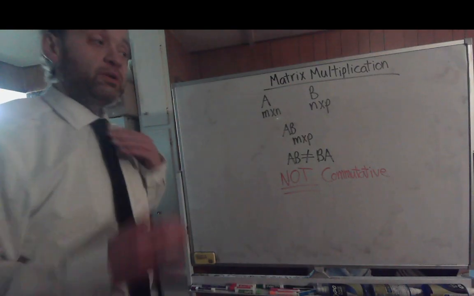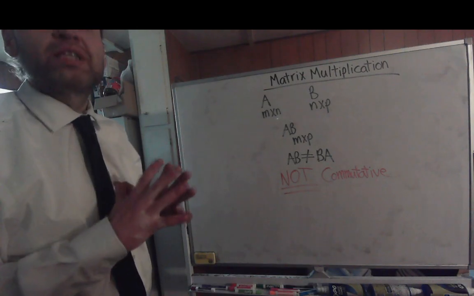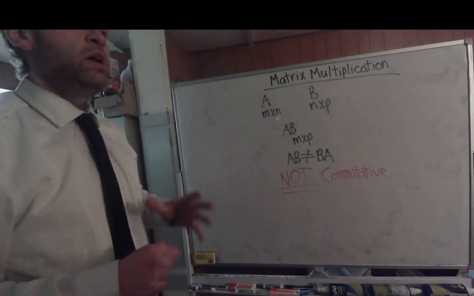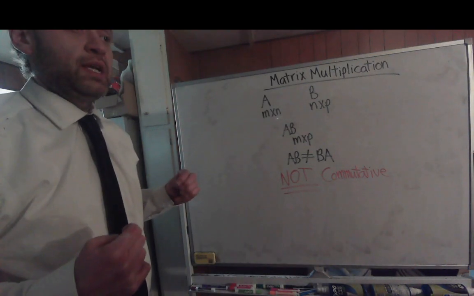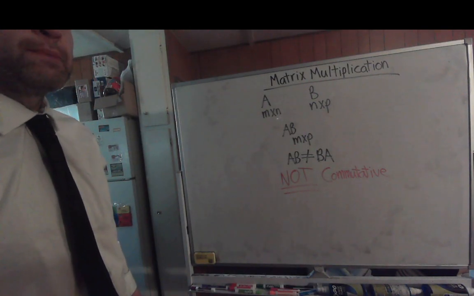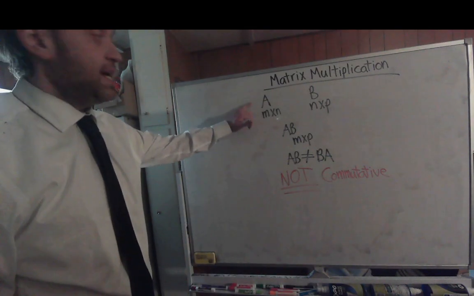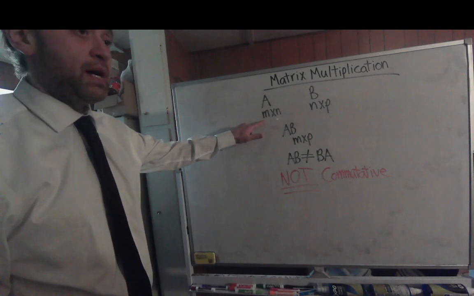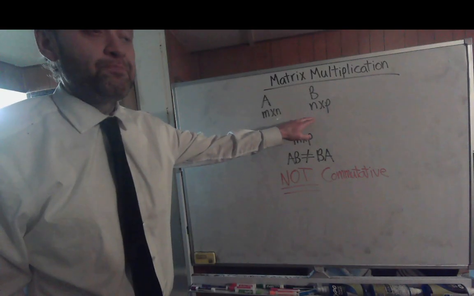So today we are going to continue on with matrices and we're going to talk about matrix multiplication. When we think about matrix multiplication, it's not the same as multiplying conventional numbers. Now you have a matrix A with dimensions m by n and you have a matrix B with dimensions n by p.